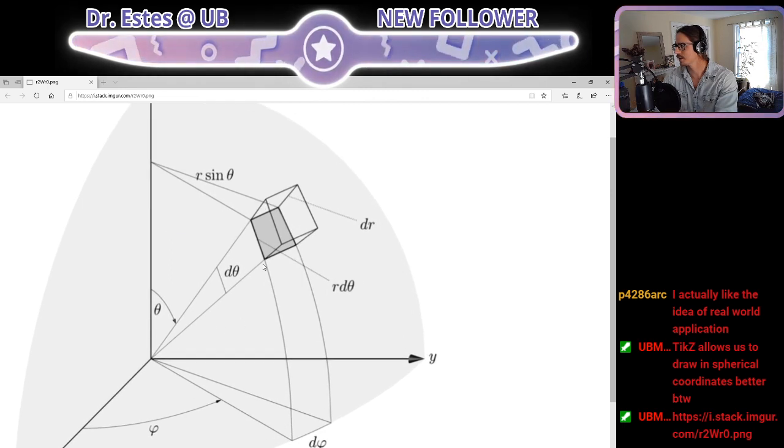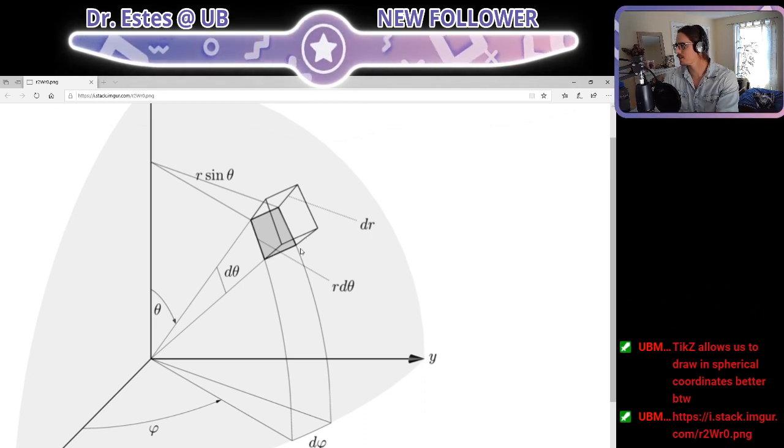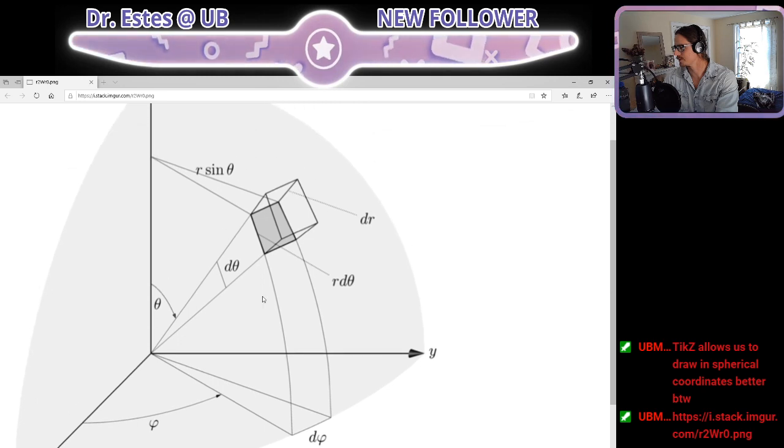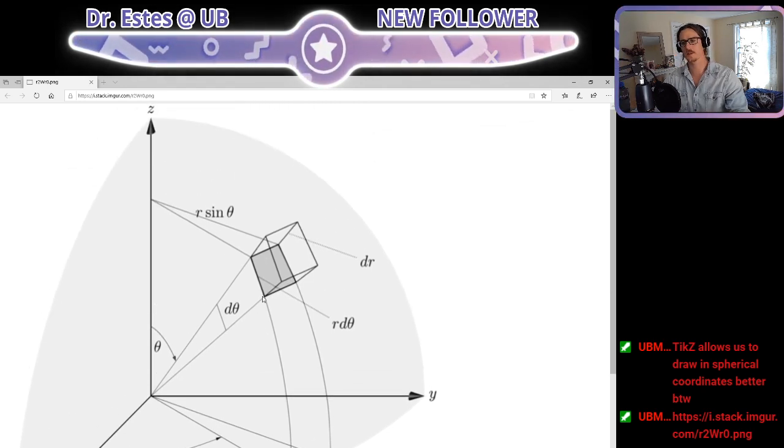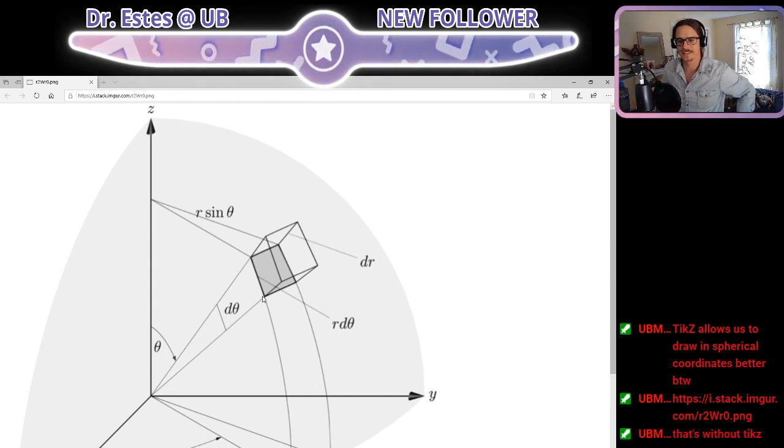Isn't it like you have this line and then it just changes directions? This thing is all warped? Oh, that's without.